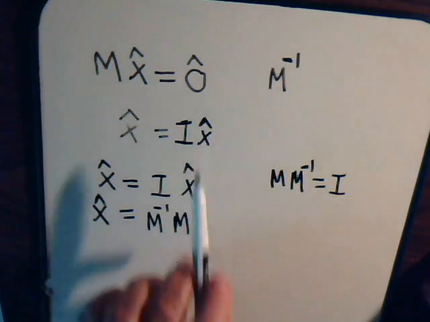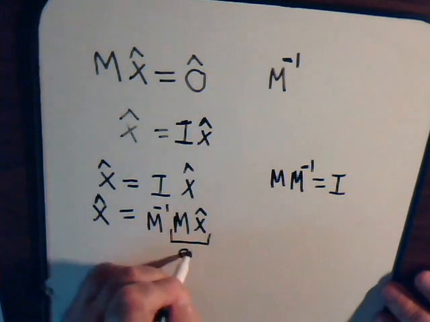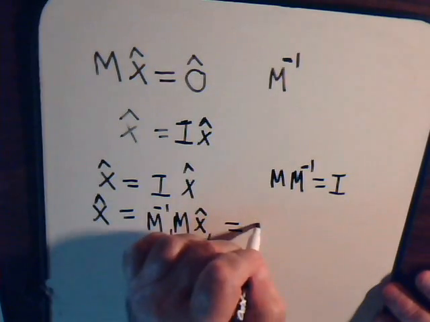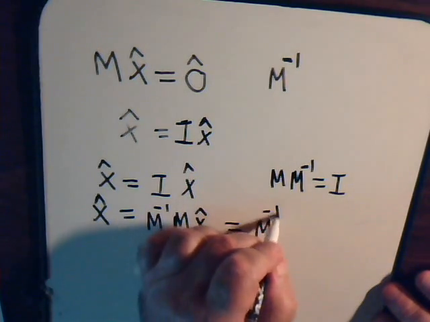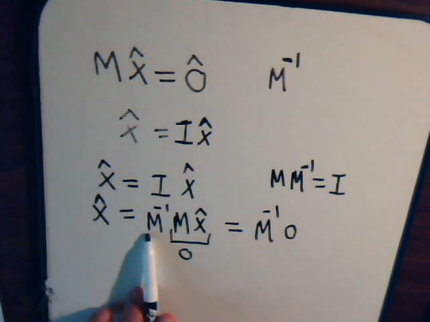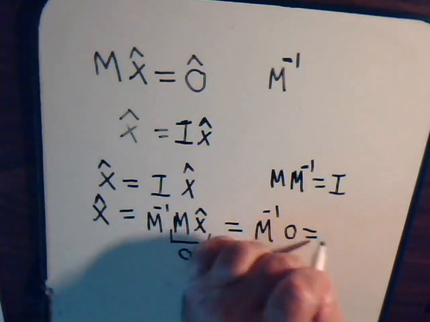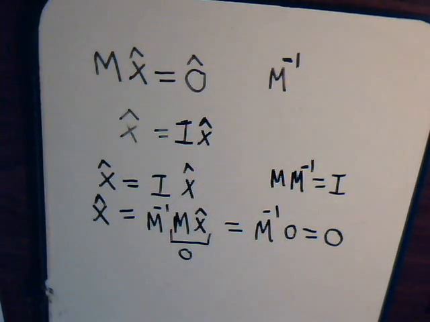But this is 0. That's what we started with. So this is 0. So what we have is this matrix, the inverse of M, times 0, that of course is going to give us 0.